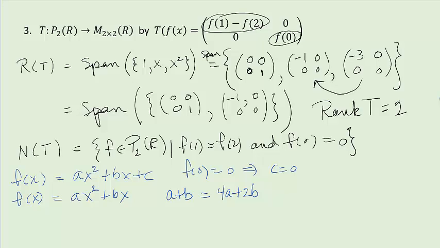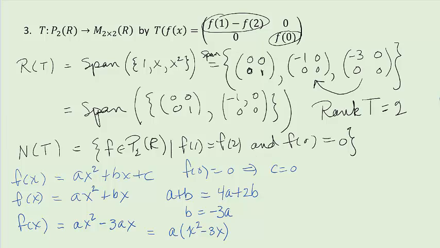So solving for b, we get b is equal to negative 3a. So if our function is in the null space, it has to look like this. f of x is equal to ax squared minus 3ax. In other words, it's a multiple of the polynomial x squared minus 3x.